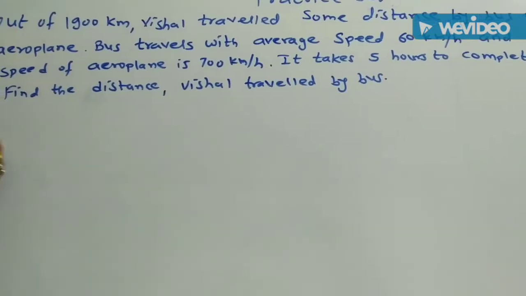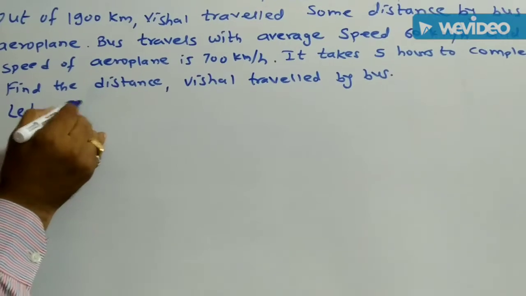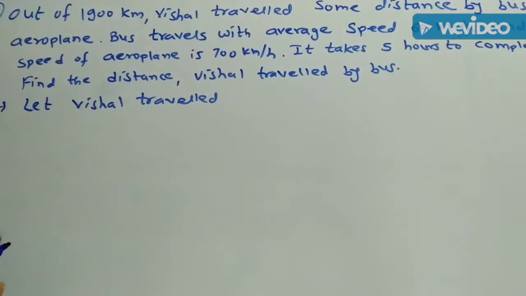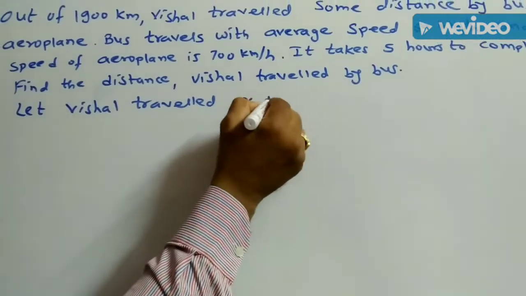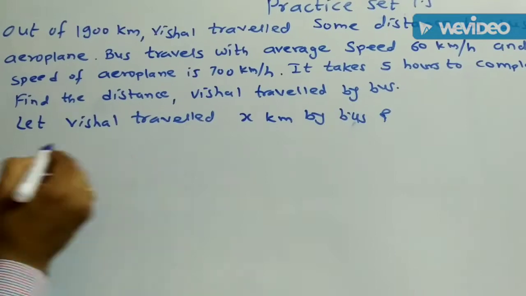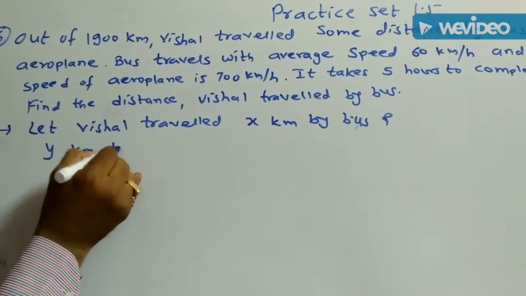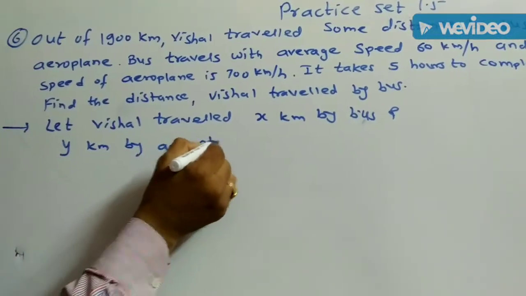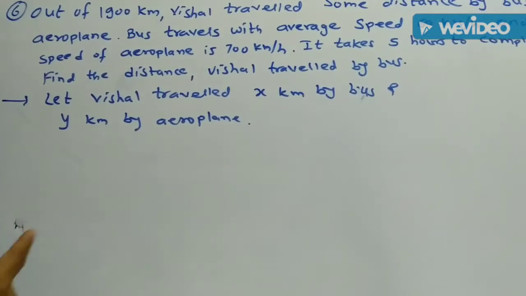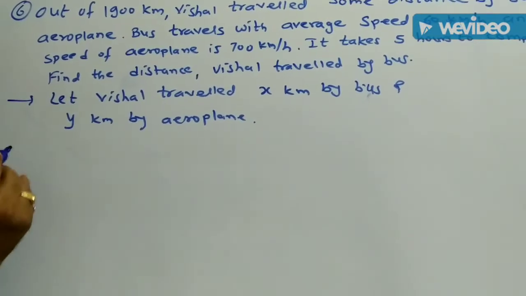Therefore we consider that we shall travel x kilometers by bus and y kilometers by aeroplane. Now we are given distance and speed, and therefore we have to find the time.